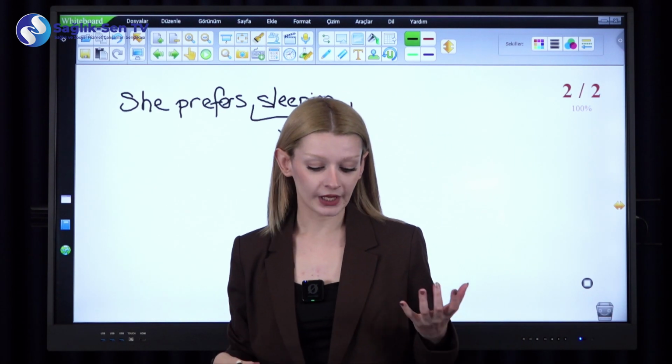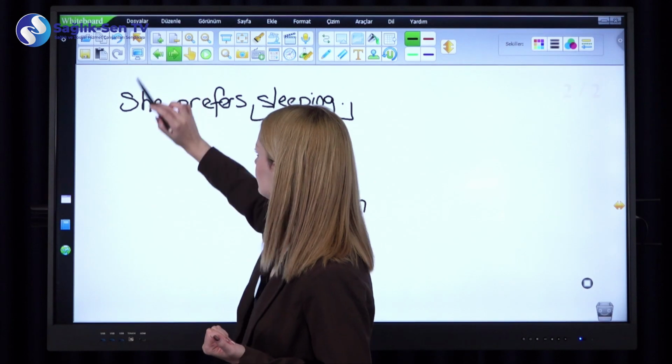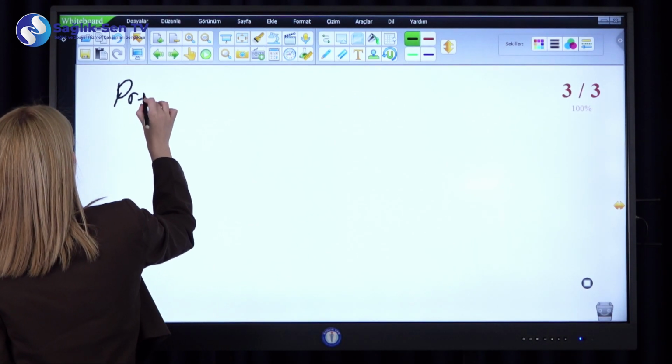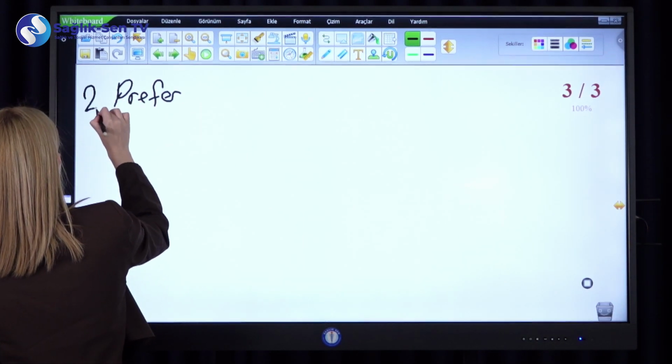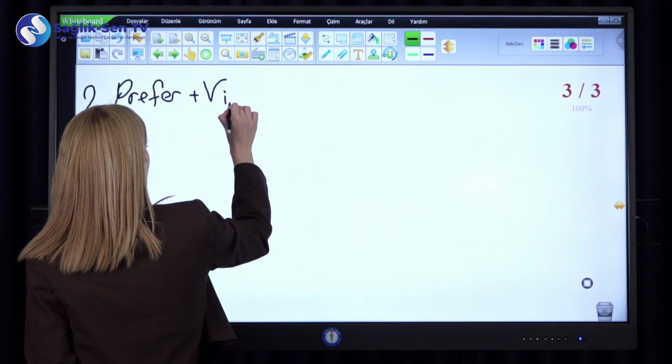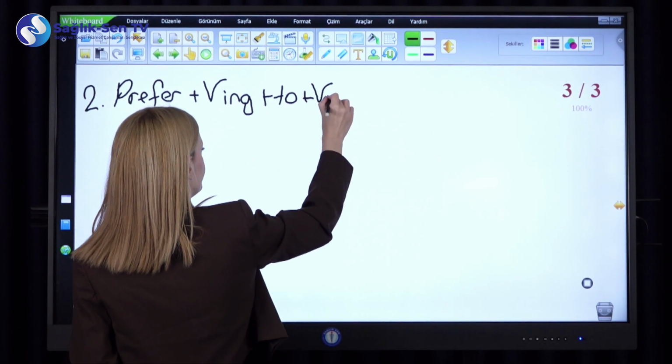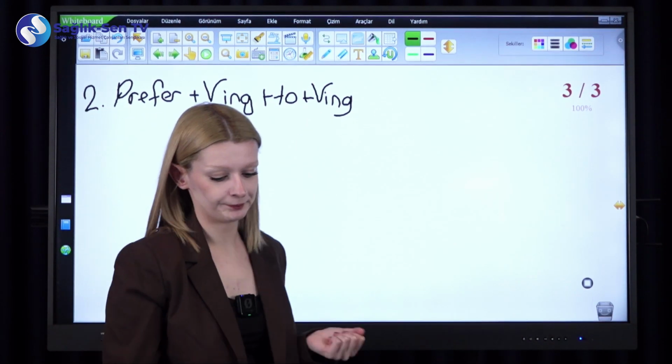And then our second usage is prefer verb ing to verb ing.